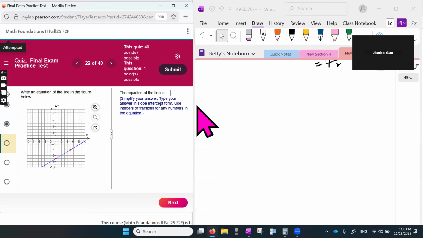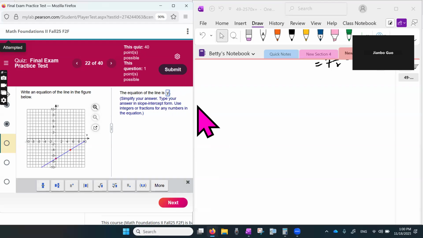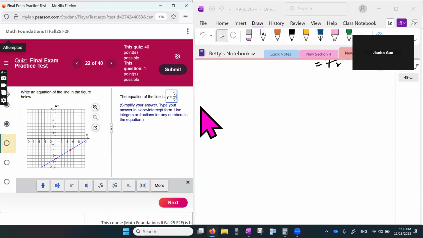Okay, y equals 3/5 times x plus b. B is the y value of the y-intercept, and the y-intercept is given. Okay, the intersection of the straight line with the y-axis is the y-intercept.